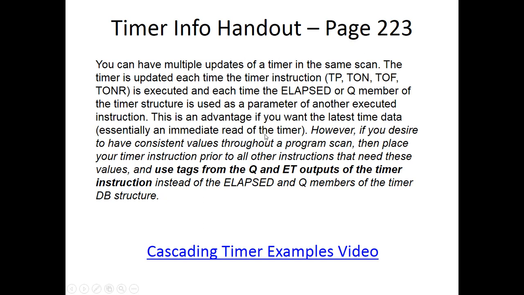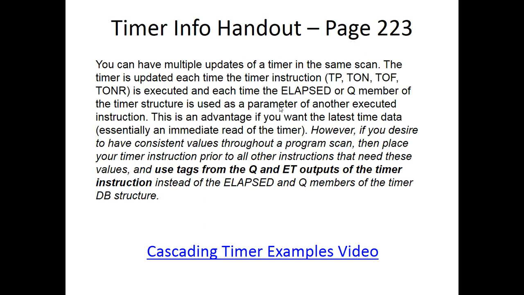But then as I read this and this, the timer up here could get updated again in the same scan. So it doesn't go all the way through the scan before it updates the timer. It could get updated a bunch of times, and that is the asynchronous nature of this timer.